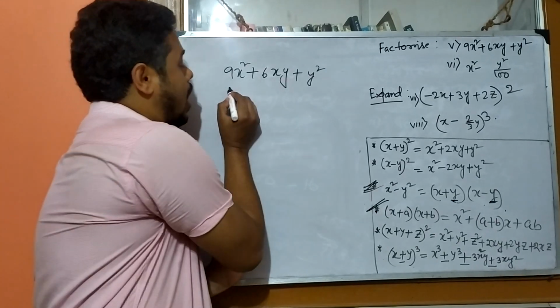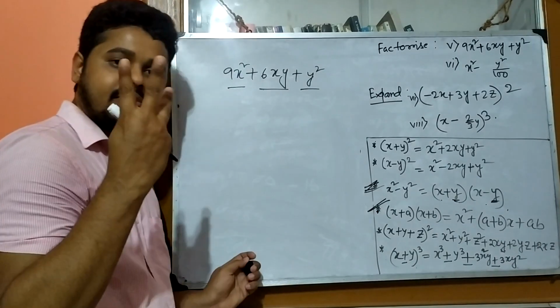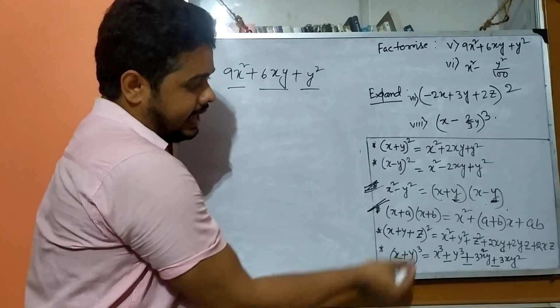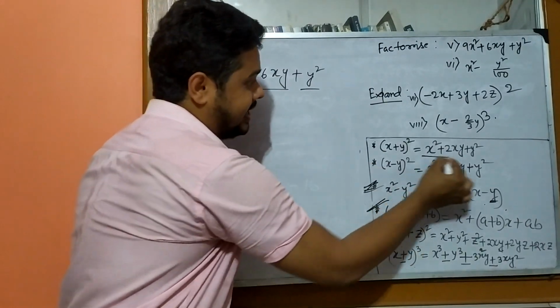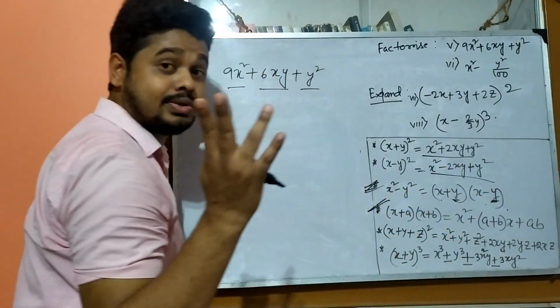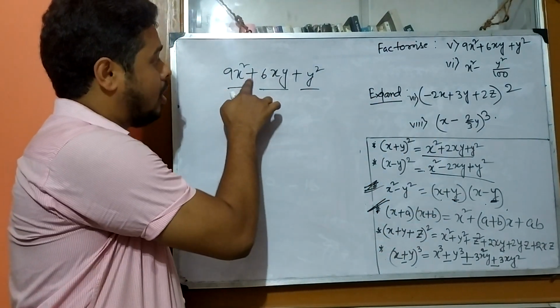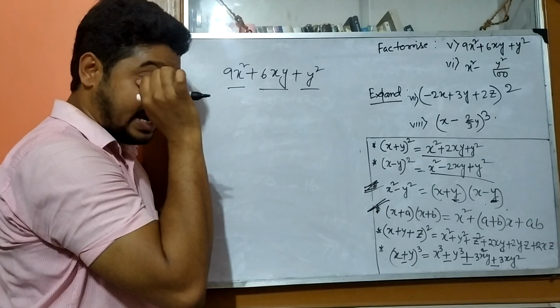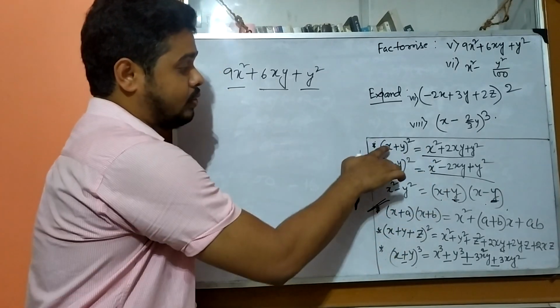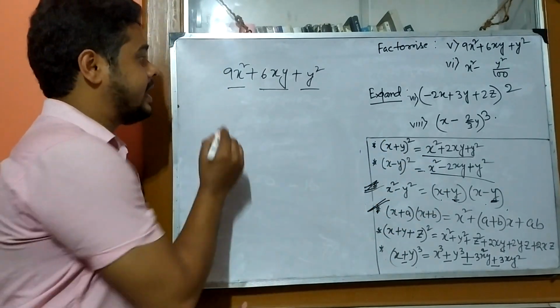Clearly you can see how many parts are there? 3. And among all that, these 2 are related to 3 parts. Now all signs are in addition. Therefore clearly we can say we have to use the first identity.